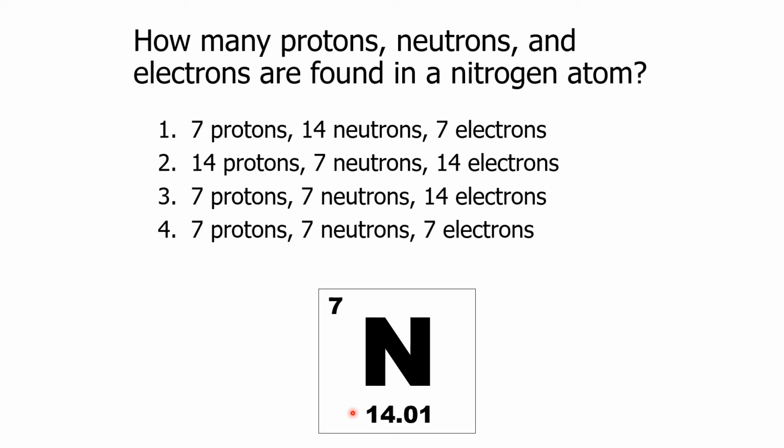Since I know it has 7 protons, I'm going to take my atomic mass, 14, and minus my atomic number, 7. 14 minus 7 means my nitrogen also has 7 neutrons. And so the answer must be number 4. Nitrogen has 7 protons, 7 neutrons, and 7 electrons.